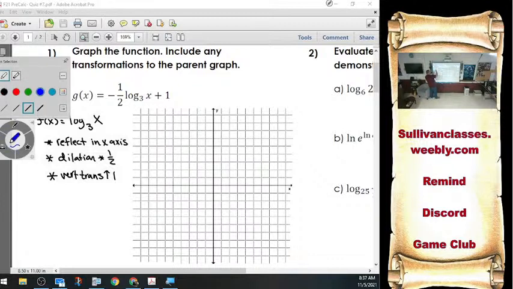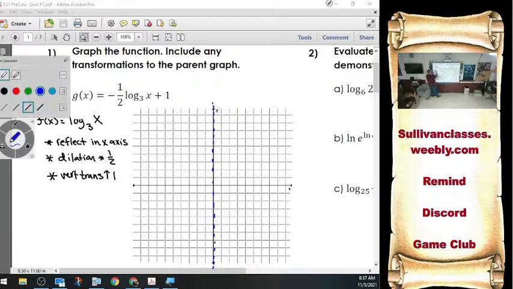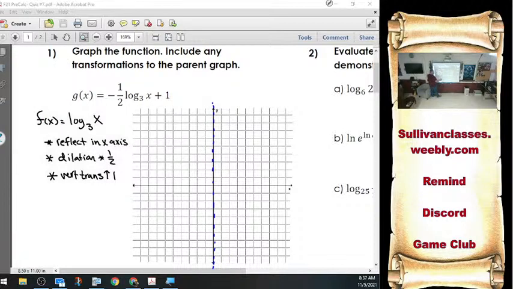Now that I've done all that stuff, my vertical asymptote has not changed, but my point that is normally at 1, 0 gets translated up 1. So it's kind of like I'm moving the crosshairs of where the normal axes are.